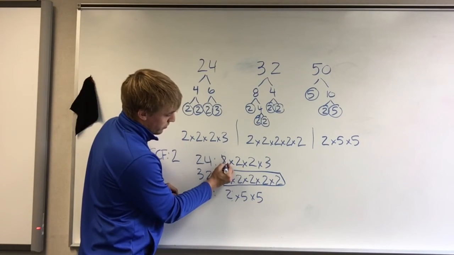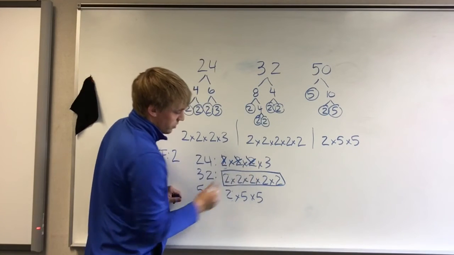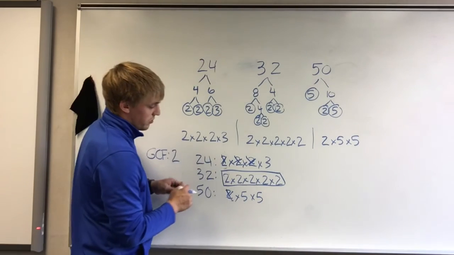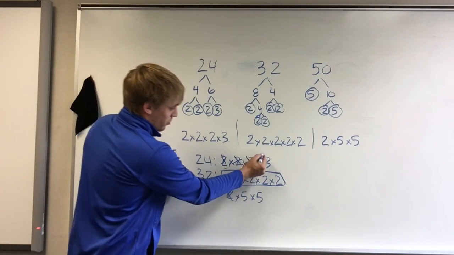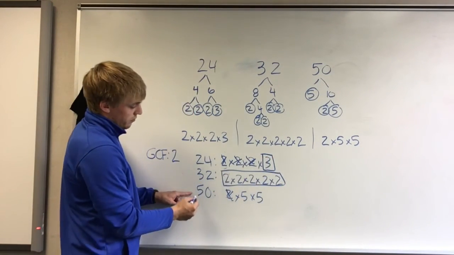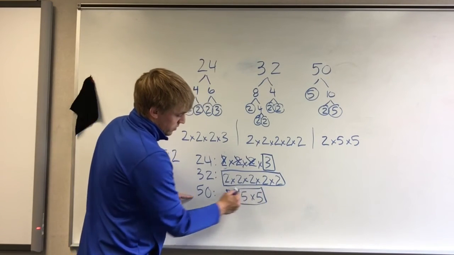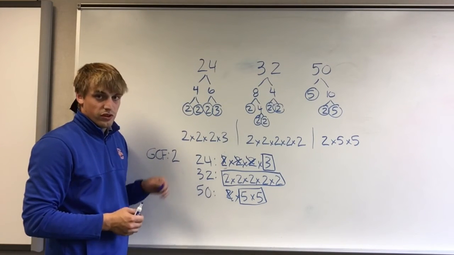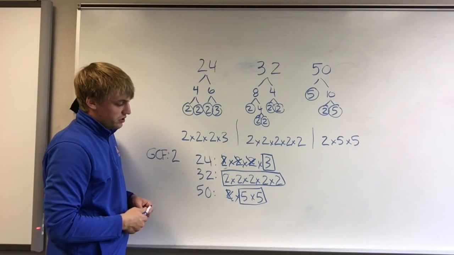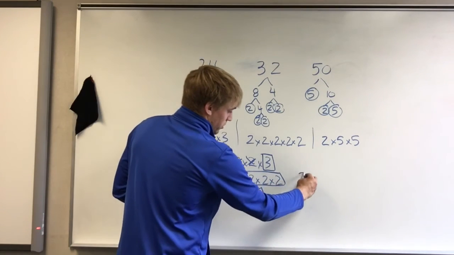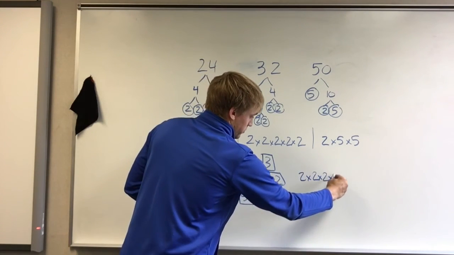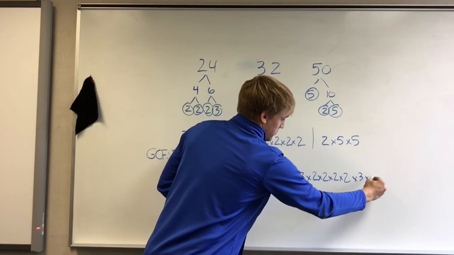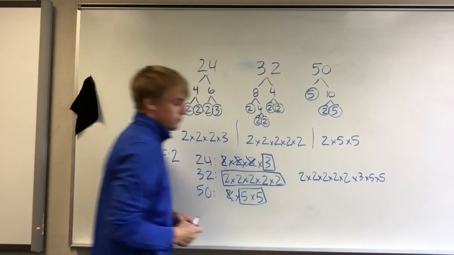So we're going to cross off these 2's, and I'm going to get rid of these 2's. 24 has the most amount of 3's, which is just one of them. So I'm going to put a box around that. And 50 has the most amount of 5's. I'm going to put a box around that. Okay, so now that all the numbers are used or crossed off, you just multiply all those together. So you have 2 times 2 times 2 times 2 times 2 times 3 times 5 times 5.